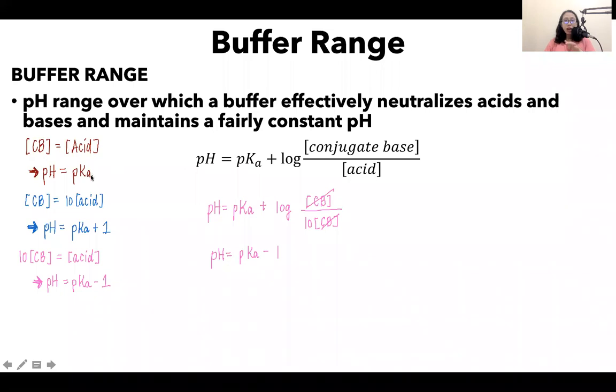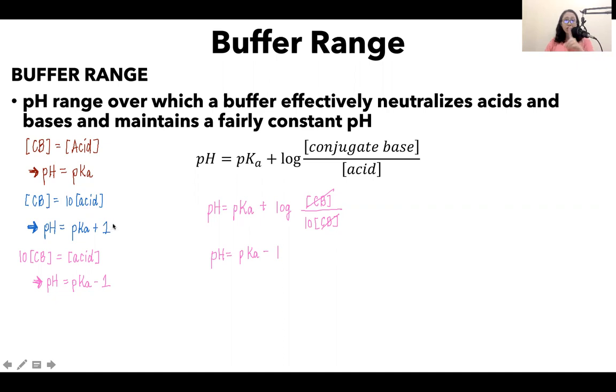But if we increase the concentration of the conjugate base, of course, the pH will slowly increase, because we are increasing the basic component, up to a point at which the concentration of the conjugate base is 10 times that of the acid.